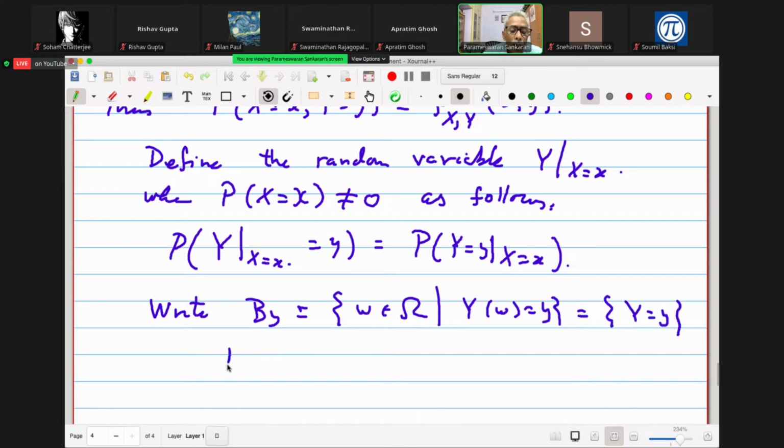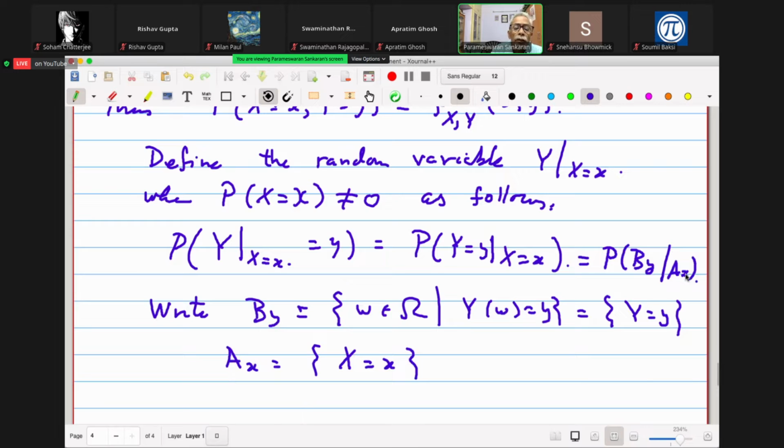Okay, and A_x is the same thing, X equals x. So this is exactly the probability of B_y given that A_x has occurred.